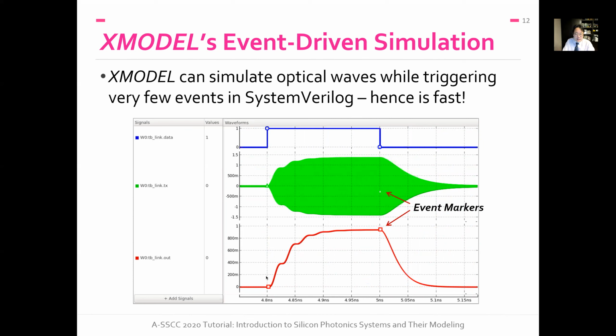What I mean by that is when the input data changes from 0 to 1, that triggers an event, and that event triggers an event on the optical signal, which in turn triggers an event on the received signal. And when the data goes back to 0, that triggers one event in the optical signal and another event in the received signal. No event happens between those two events. So even when the optical signal has extremely high frequency, this simulation is just triggering 2 events for each signal. Of course, it's fast.